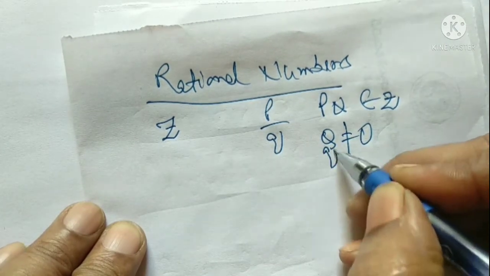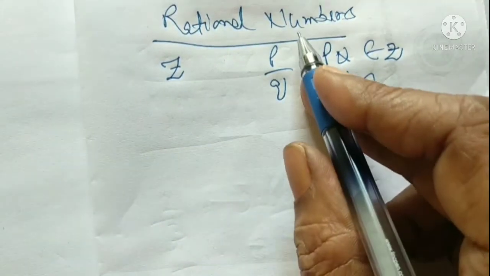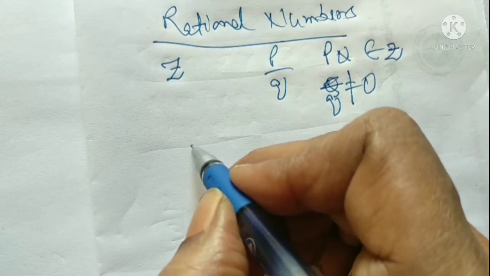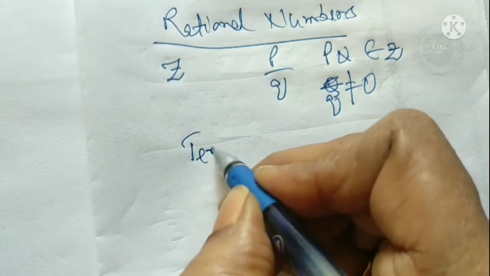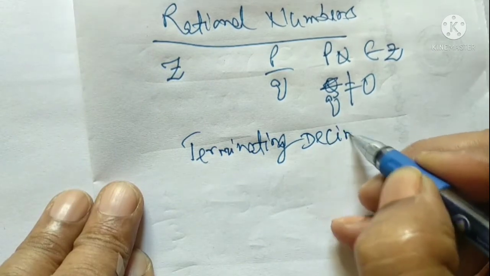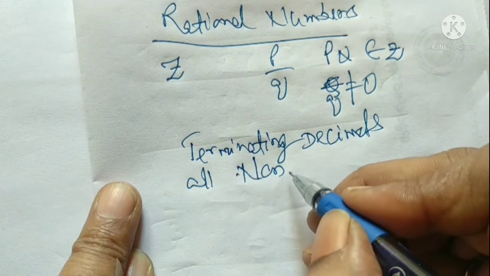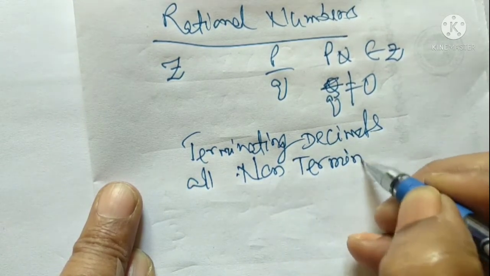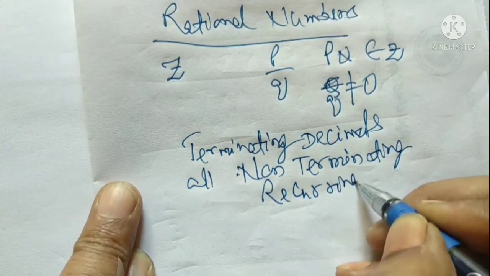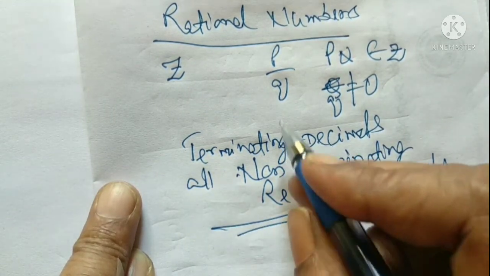So all integers are rational numbers and they can be written in the form of p by q, and all terminating decimals and all non-terminating recurring decimals are also called rational numbers.